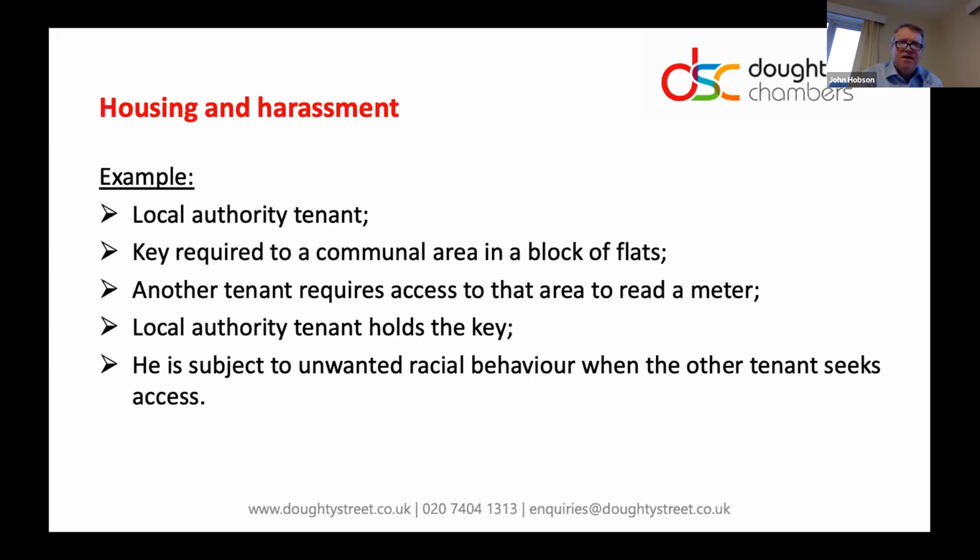Now, this is back in the 1990s, and I would suggest that the antisocial behaviour injunction legislation would capture this. But what had happened was that Mr Hussein had to argue the case in terms of negligence and nuisance, and they failed.